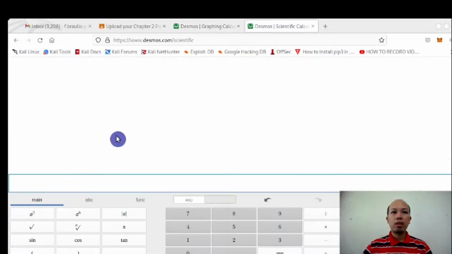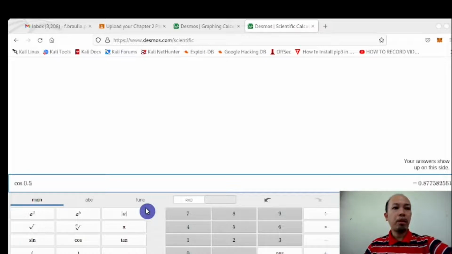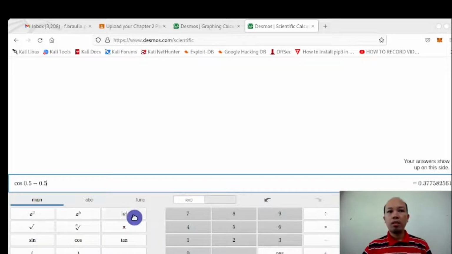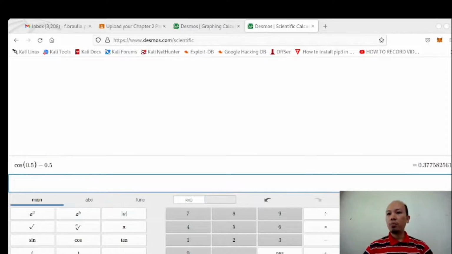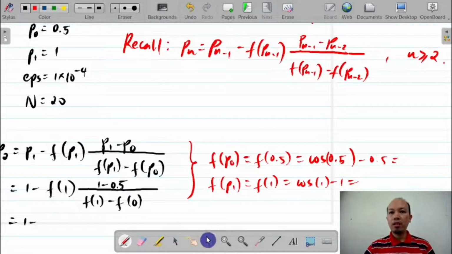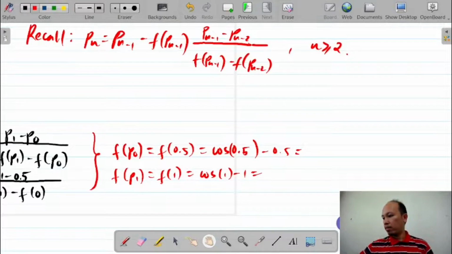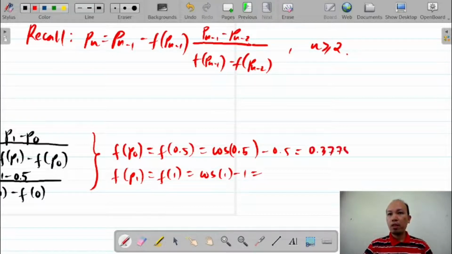So anyway, let's type cosine of 0.5 minus 0.5. The answer is 0.3775825619.